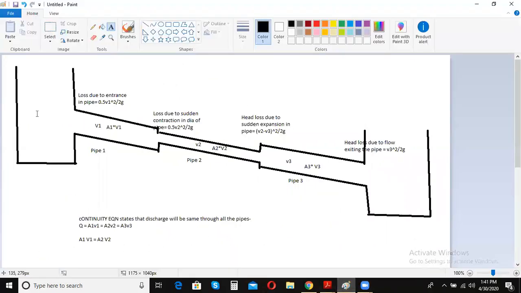Let me explain. This is the first reservoir and this is the second reservoir marked as B. And these two reservoirs have been connected by 3 pipes.